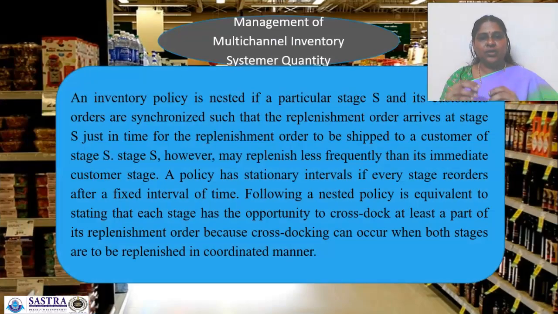An inventory policy is nested if a particular stage S and its customer's orders are synchronized such that the replenishment order arrives at stage S just in time for the replenishment order to be shipped to the customer stage. However, stage S may replenish less frequently than its immediate customer stage.